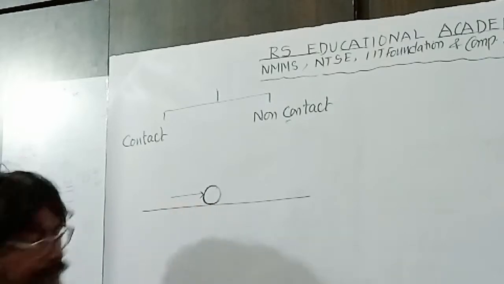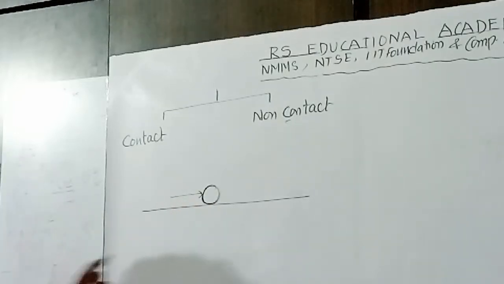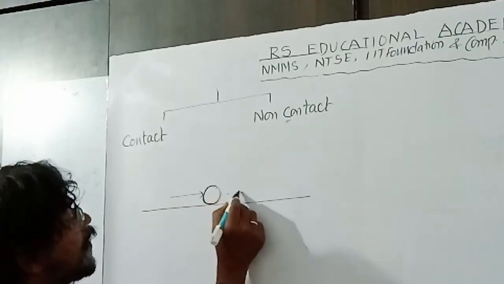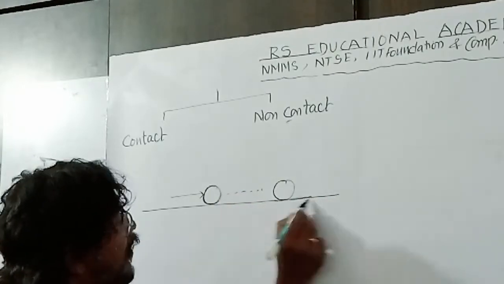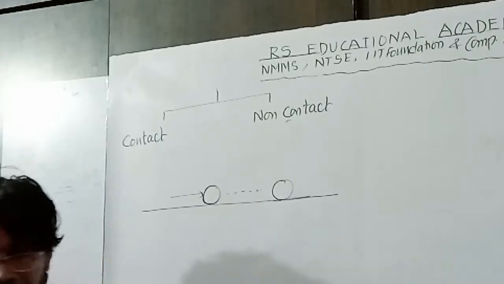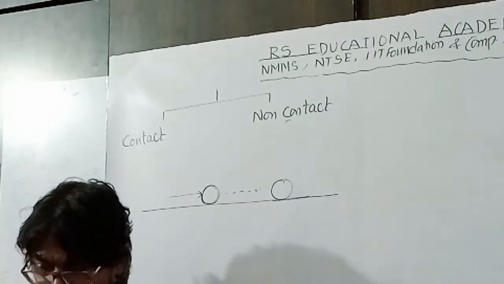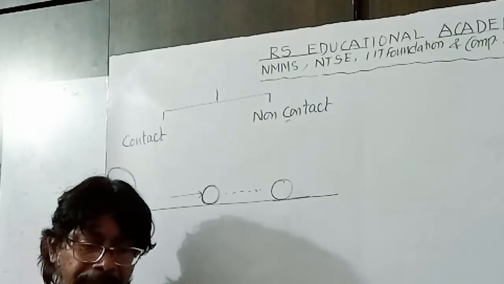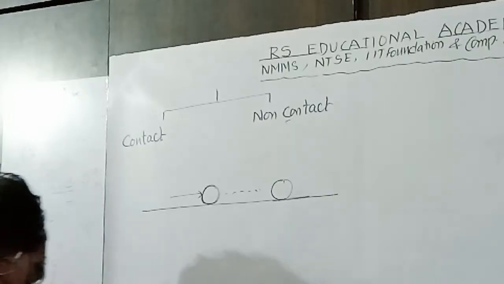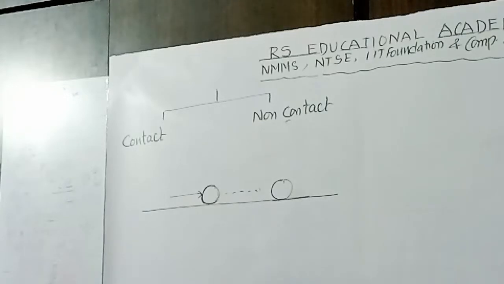Now we use a force on it. Due to that force, it moves on the floor and is continuously moving. But after some time, it stops. So why is it stopped?